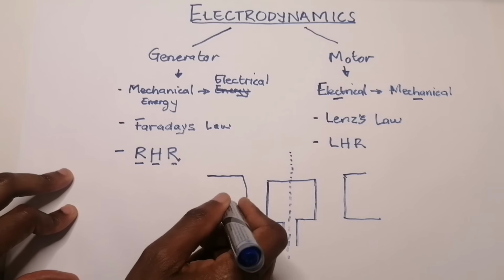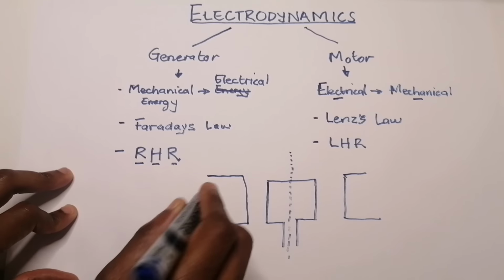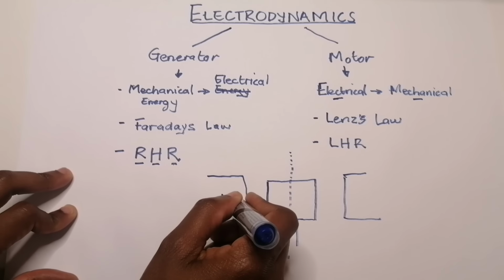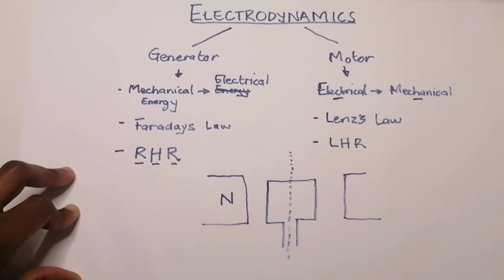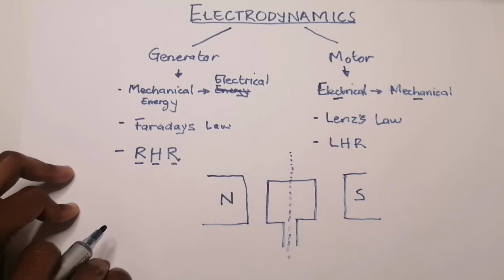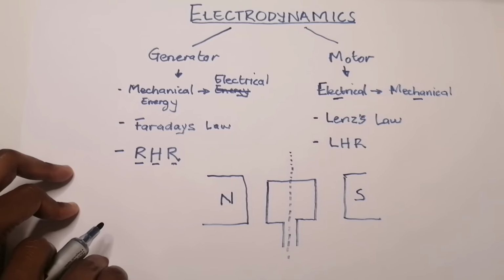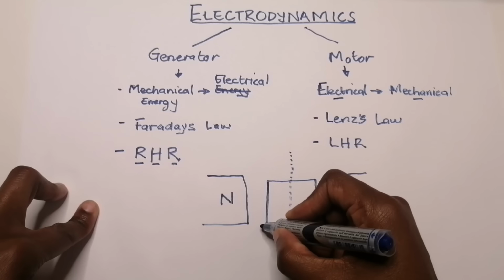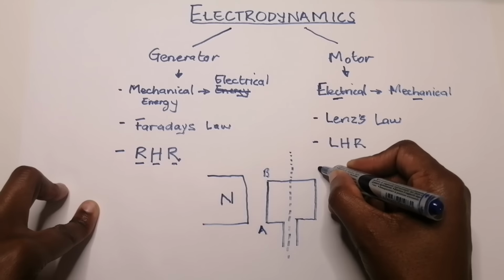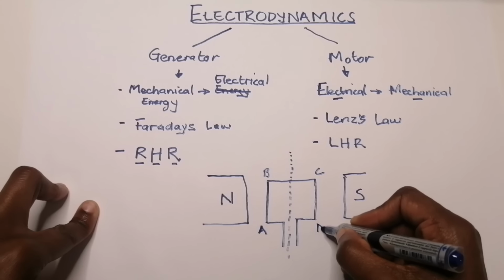Just for illustrative purposes, I'm going to have my magnet with a north pole this side and a south pole this side. Please stay with me so that I'm able to show you how exactly this works. Let's say this is side AB, and this side is C to D.